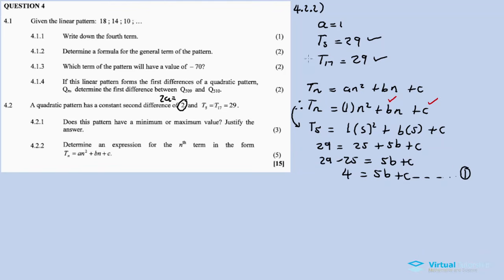And then the second equation is t17, equation number 2.